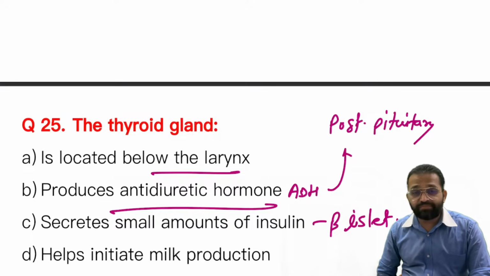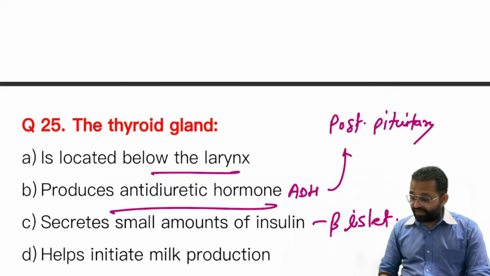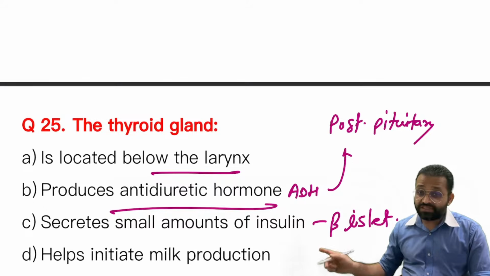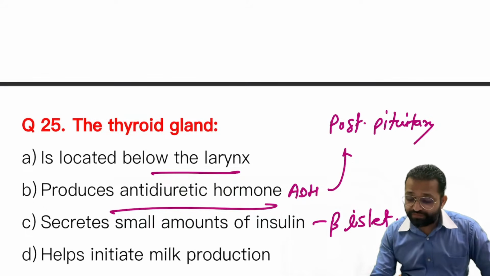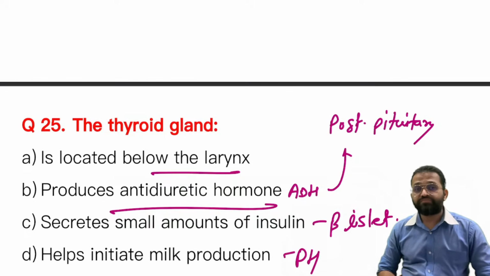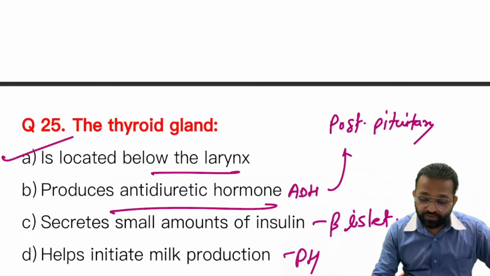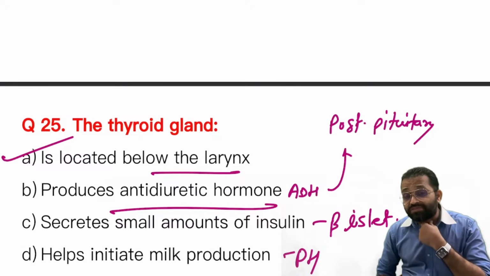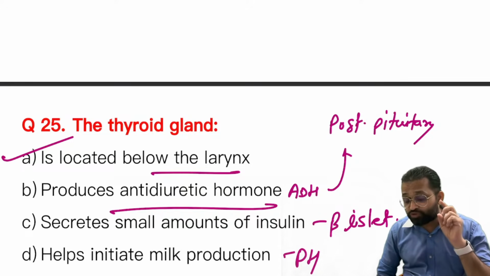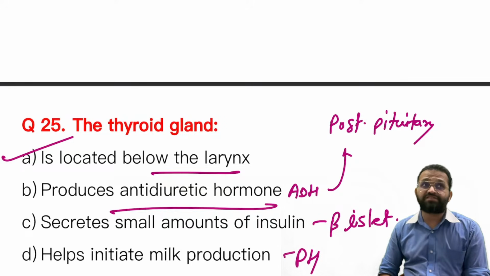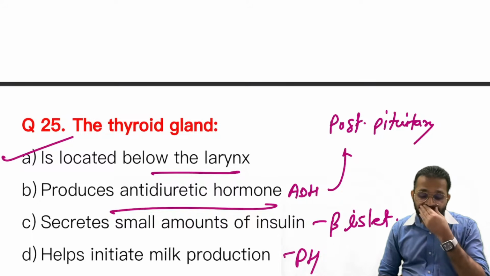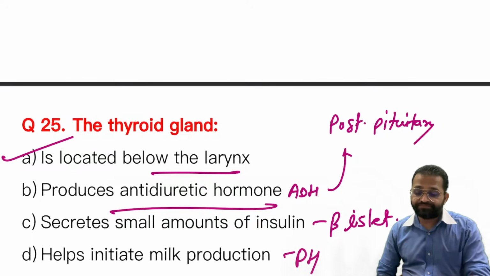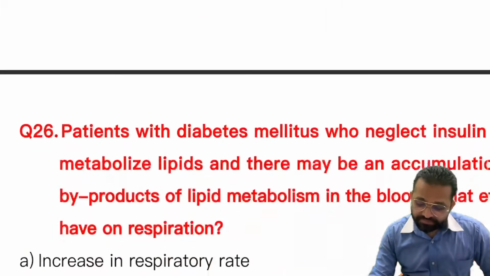Helps initiate milk production? Never. Milk production is under the control of prolactin. Yes, it is located below the larynx. Here is the larynx. The isthmus of the thyroid gland is located just opposite to the second and fourth tracheal rings. Answer is A. Is it okay? No doubt. Come to the next.